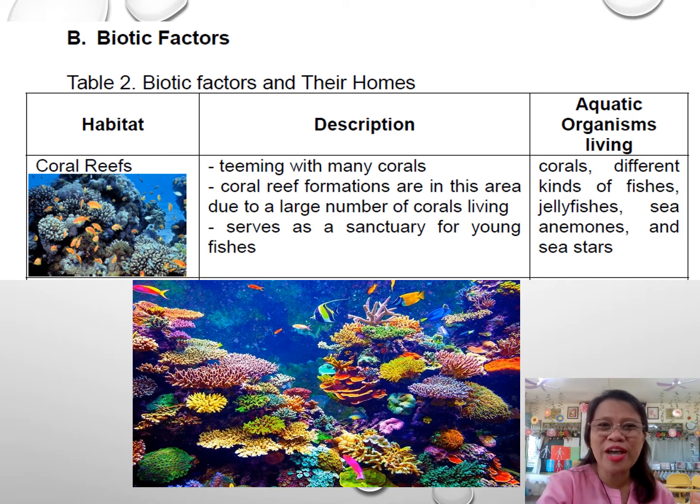Sanctuary sa puloy-anan, habitat for young fishes, mga bag-ong gianak, mga fingerlings. What are the aquatic organisms living in the coral reefs? Of course, naay corals, different kinds of fishes, lain-lain nga color. Okay, many types of jellyfishes, sea anemones, and sea stars.